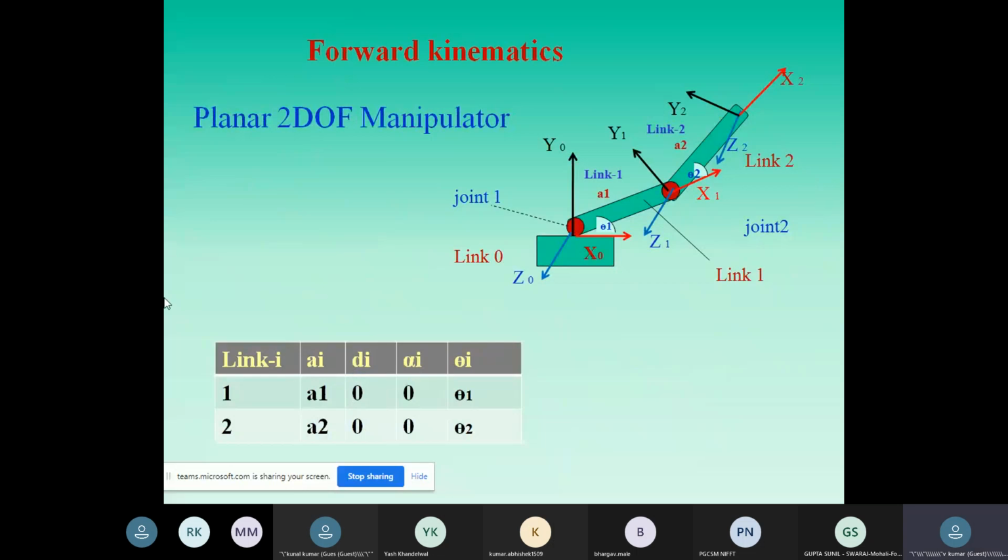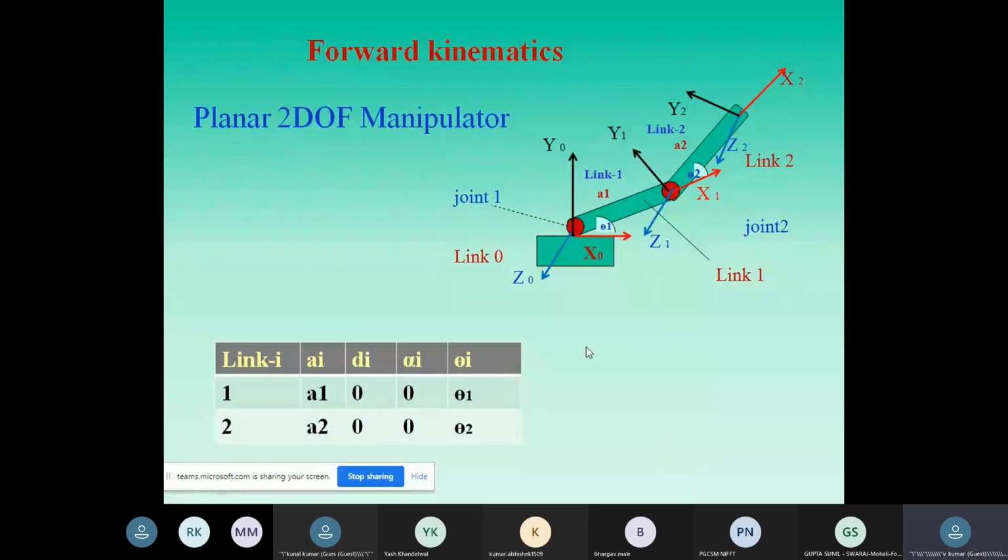So first, a 2DF manipulator is given. What are the steps to find the DH parameter? First the joint number, then the link length and link number, then you establish the coordinate frame. Then we find the DH parameter. The DH parameters are given below. For link 1: A1, D1 equal to 0, alpha 1 equal to 0, and theta 1. For link 2: A2, 0, 0, and theta 2.